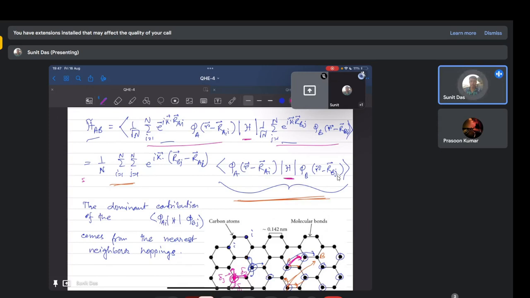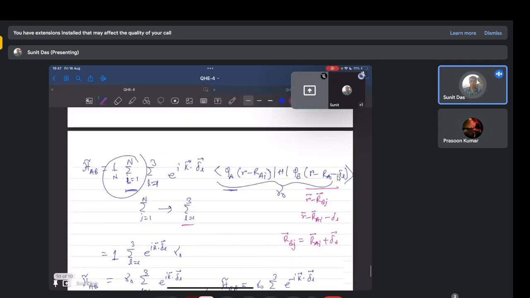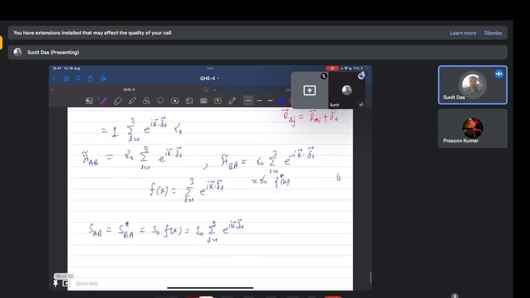Only the Hamiltonian will not be there, but otherwise this term will be there, A type and B type. That's why we got this term also in SAB and SBA. And S0 simply represents phi A and phi B, the inner product of that.